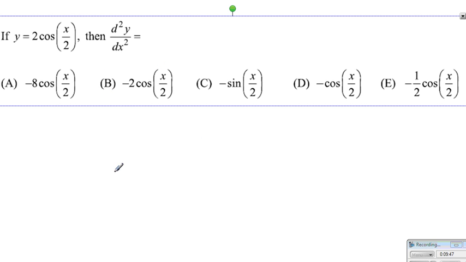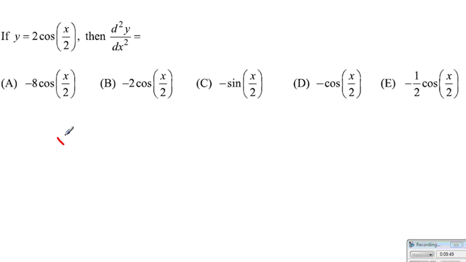Alright, here we have to take the double derivative. So y prime first becomes 2 times the derivative of cosine, which becomes negative sine, of x over 2, times the derivative of the inside, which is 1 over 2. And that cancels out with this one.